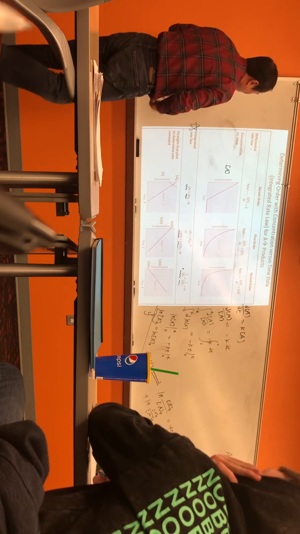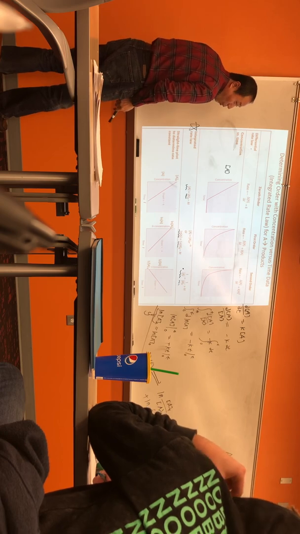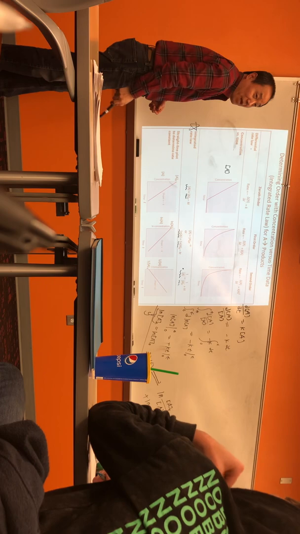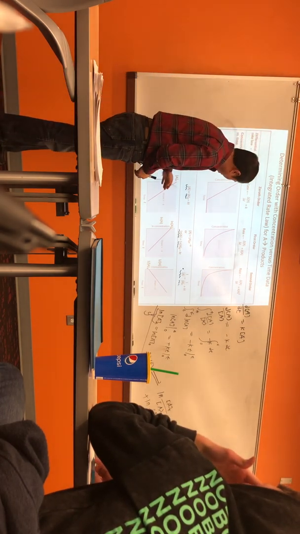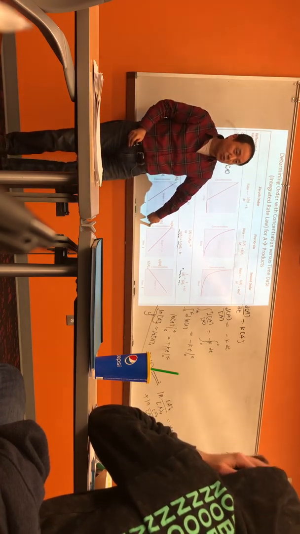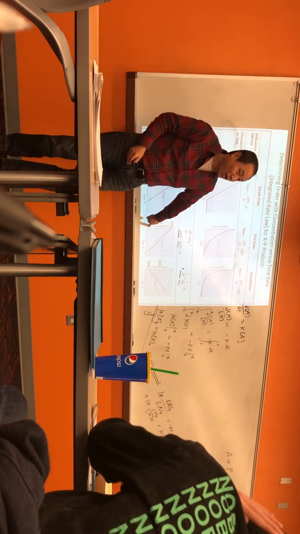And then from the equation, you should be able to draw the graph. They may not ask you to draw the graph, but they will ask you to recognize it. So they may show you one of these graphs, and they may ask whether it is zeroth order, first order, or second order. How do you know?